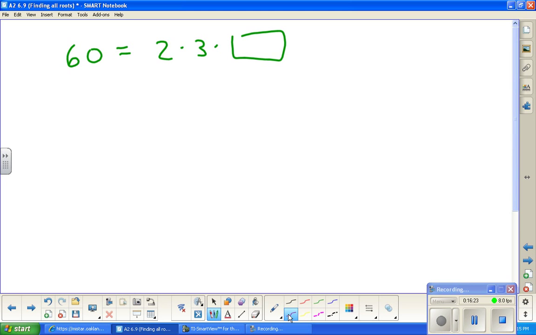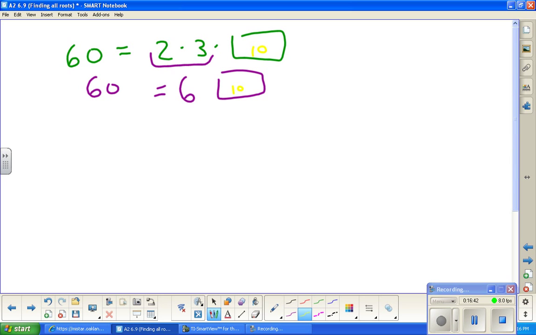We could either multiply these first and get 6 times something and then divide the 60 by 6. Or couldn't you divide by 2, then divide that new answer by 3, like divide twice? That's exactly what we're going to do, because what goes in the box would be 10, right?